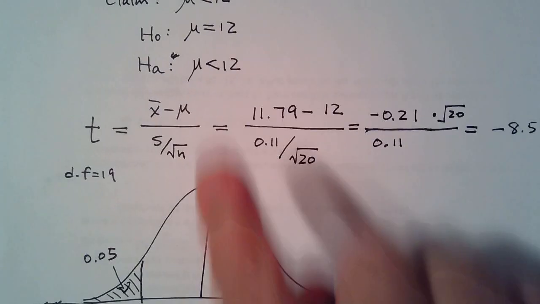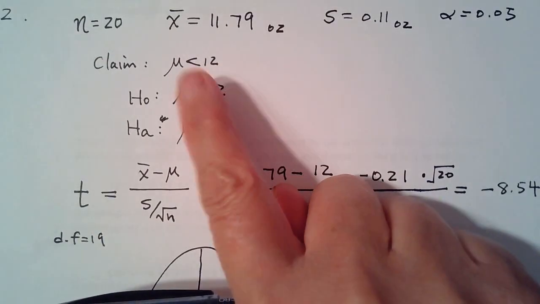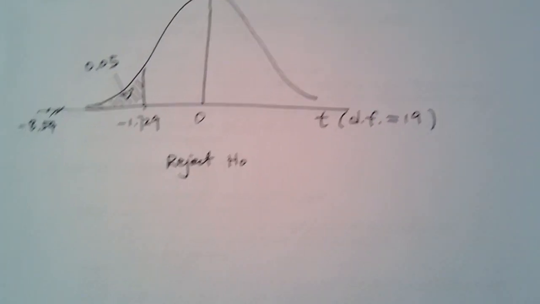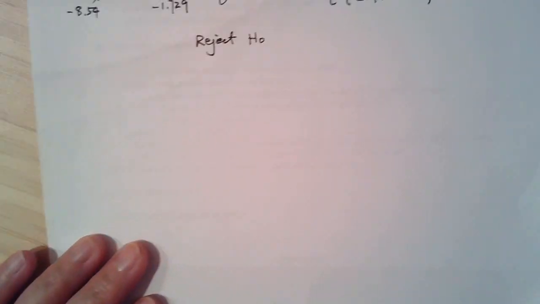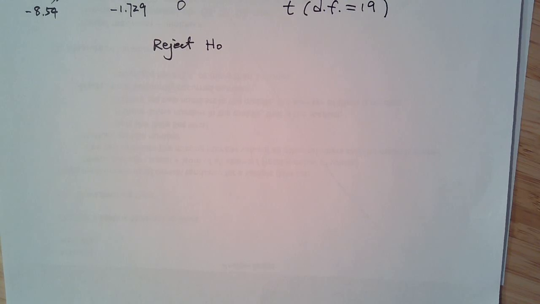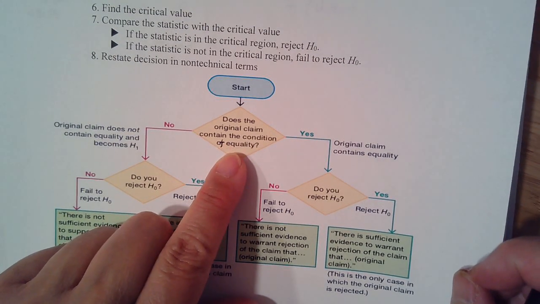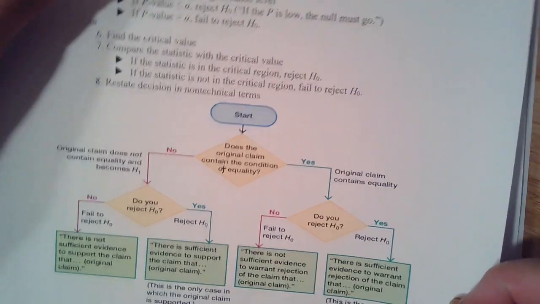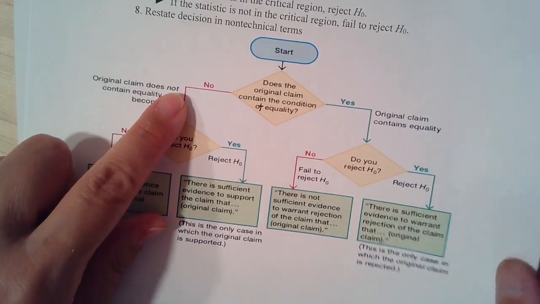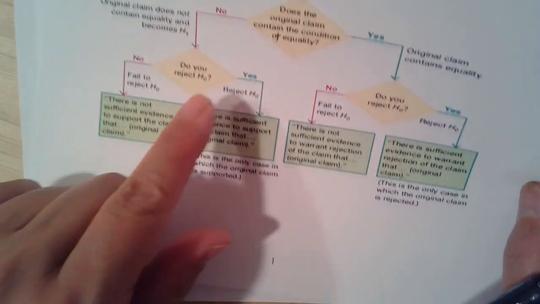Your claim says less than 12, and you reject H0. Again, does the original claim contain the condition of equality? No, because it says less than 12, so it goes here. Do you reject? Yes, reject H0.